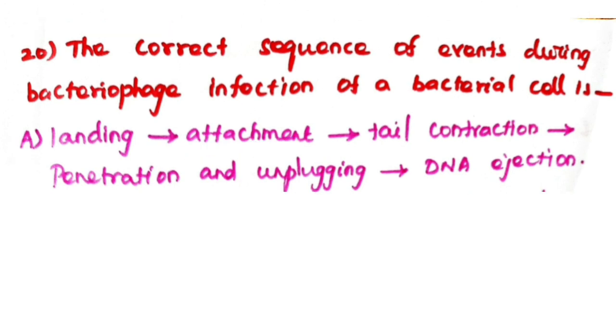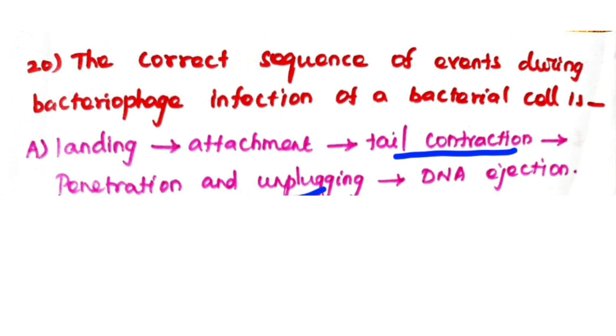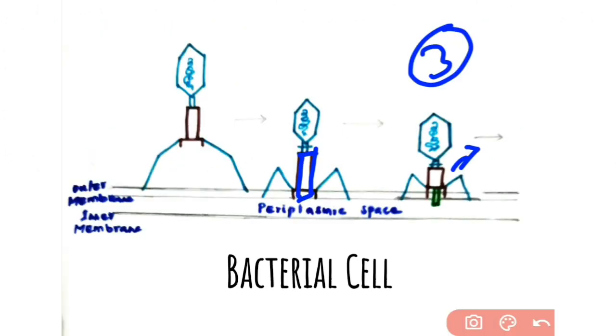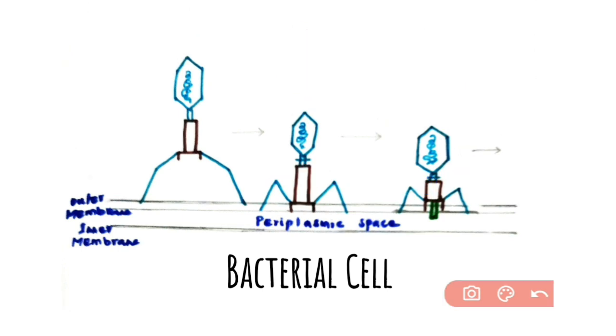The next step is tail contraction. Tail contraction leads to penetration of the bacteriophage. Tail contraction means the tail sheath present in the tail contracts. This is your tail sheath. See the length of the tail sheath in the second stage and in the third stage. The tail sheath contracts during infection to less than half of its initial length.